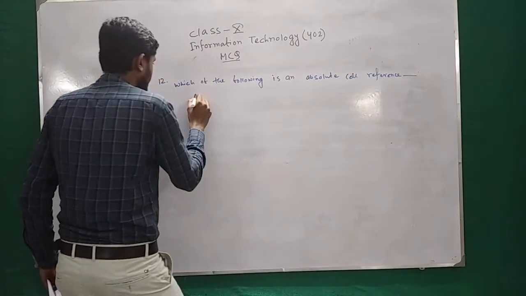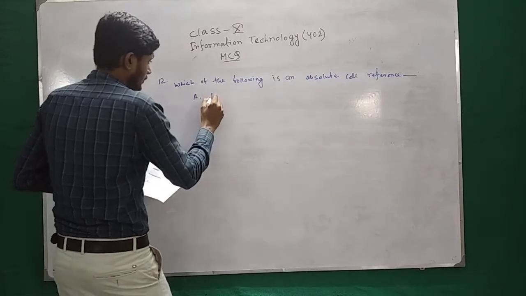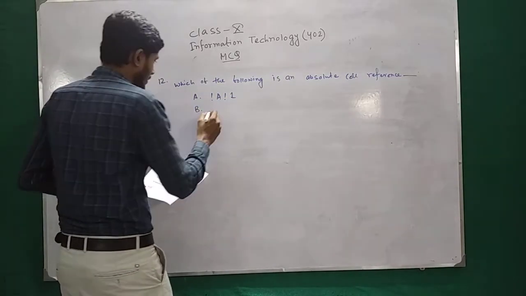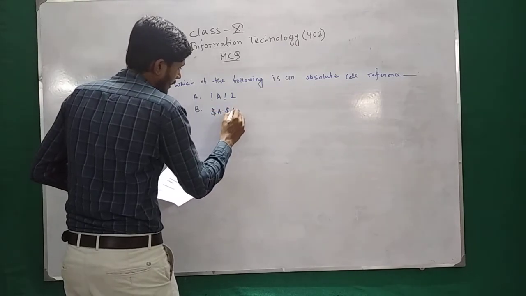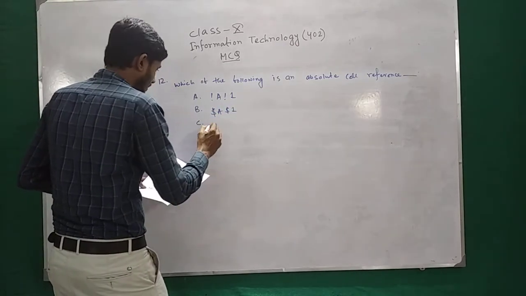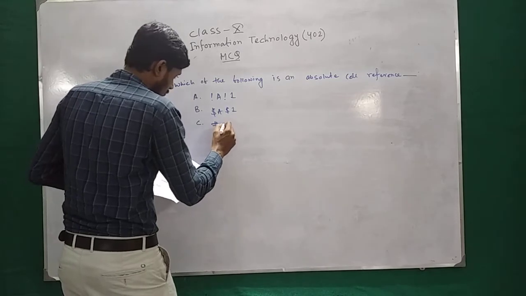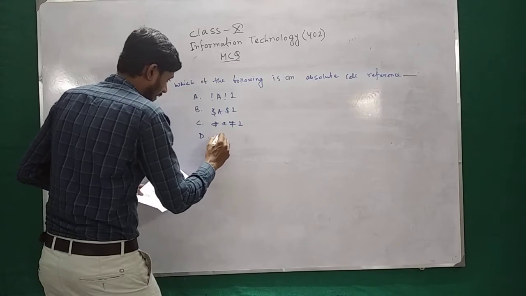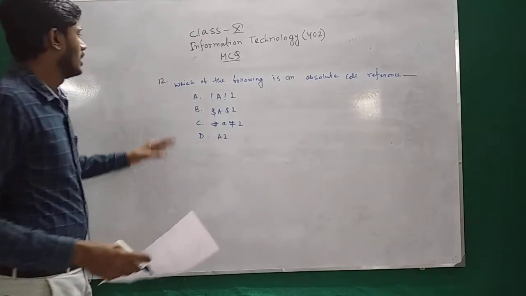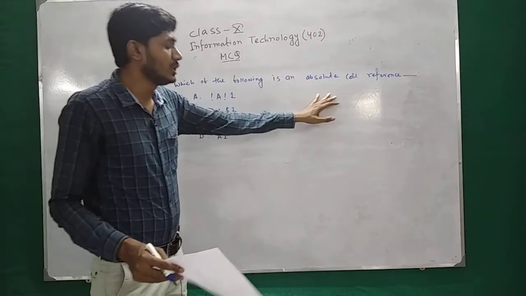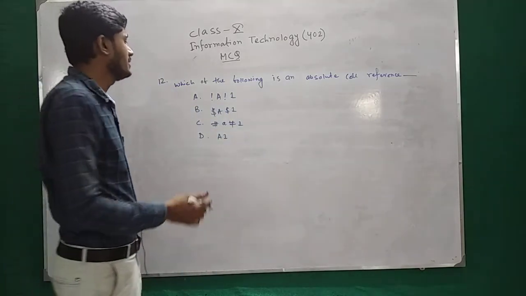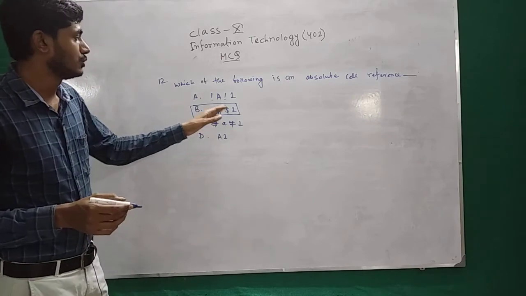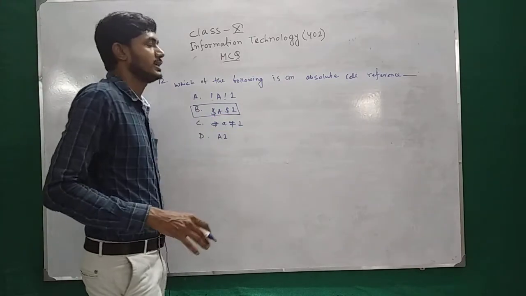Option B, $A$1. Option C, #a#1. Option D, A1. Absolute cell reference means the dollar mark. So the answer is $A$1. This is called an absolute cell reference.